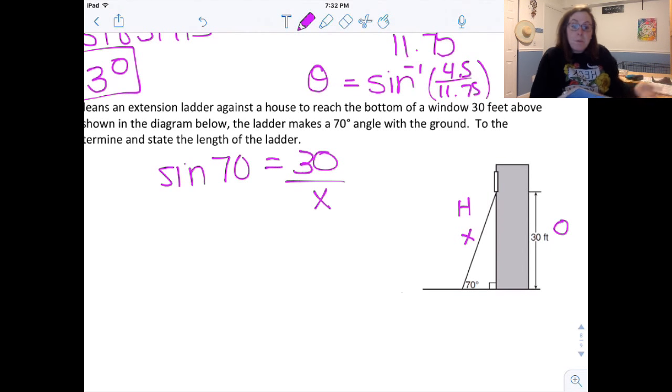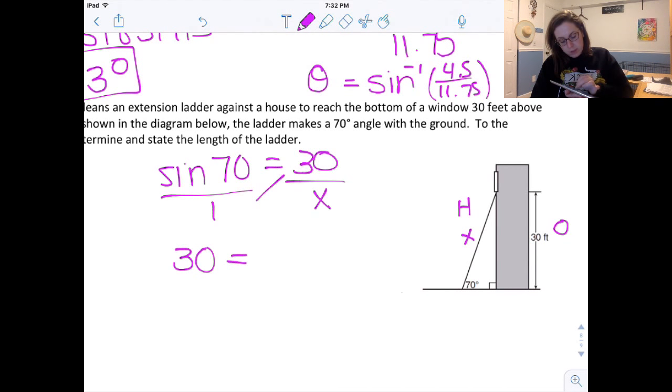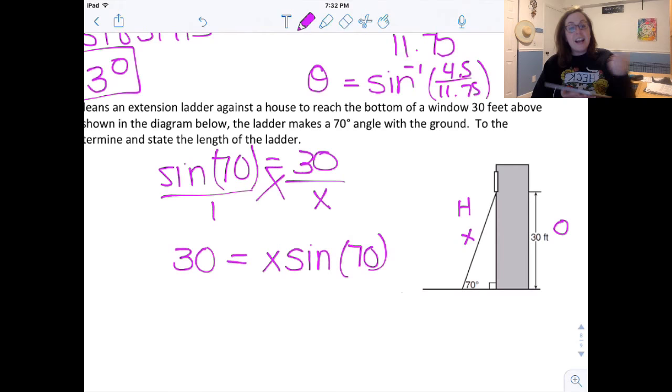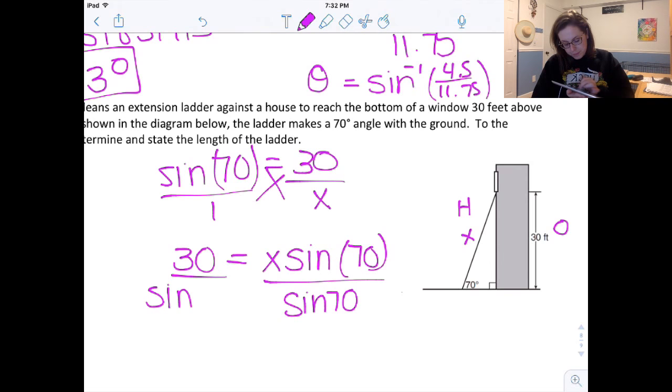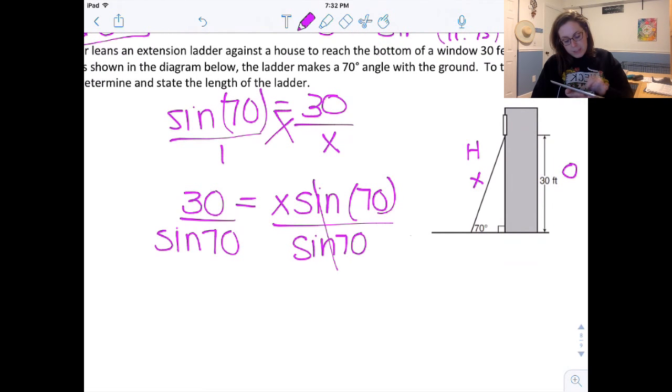Now, cross multiplying will help me here because x is just chilling by itself. So put that over 1. 30 equals x sine 70. To get x alone, since I'm doing multiplication, I'm going to divide both sides by sine of 70. And these will cancel out. So I get x equals 30 divided by sine of 70.